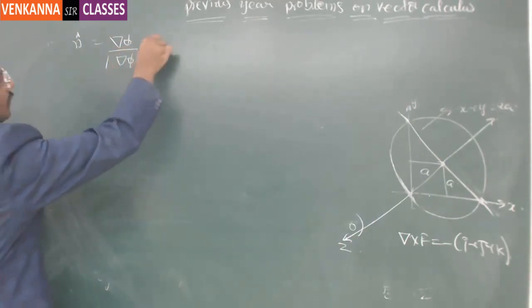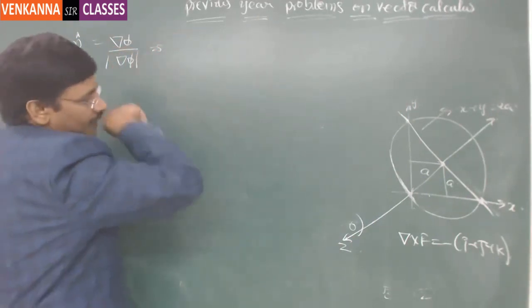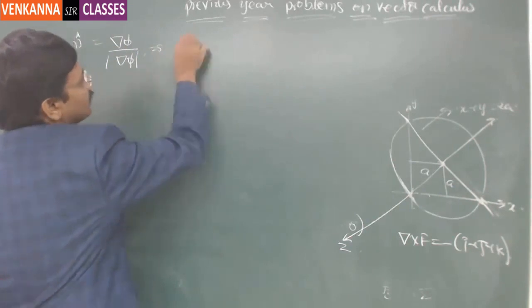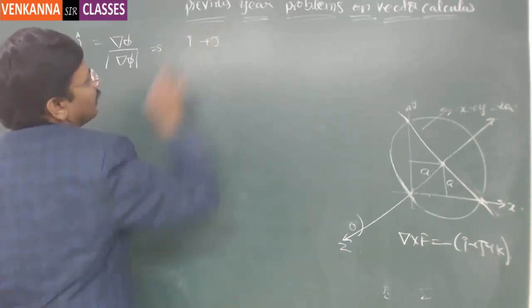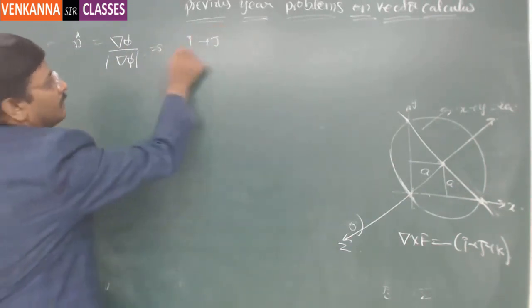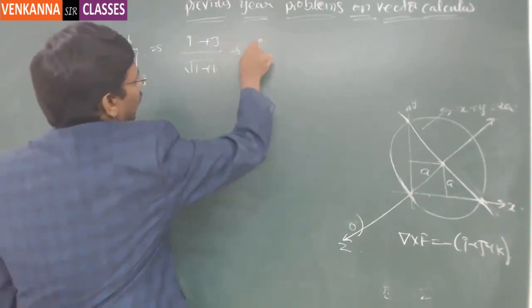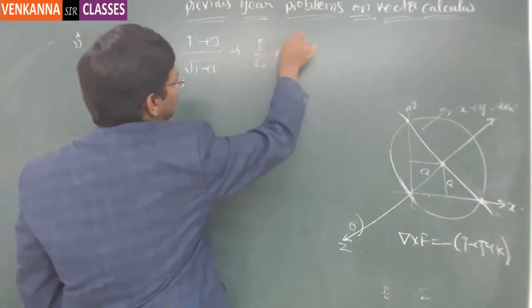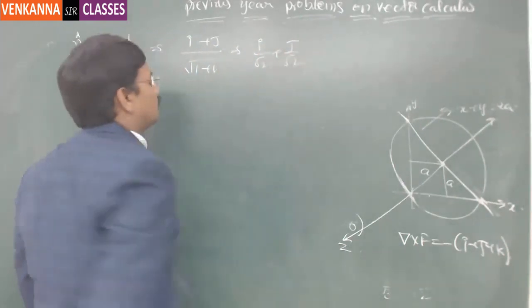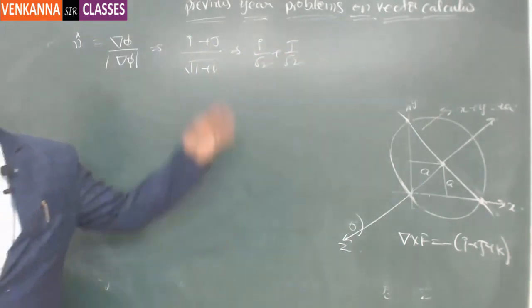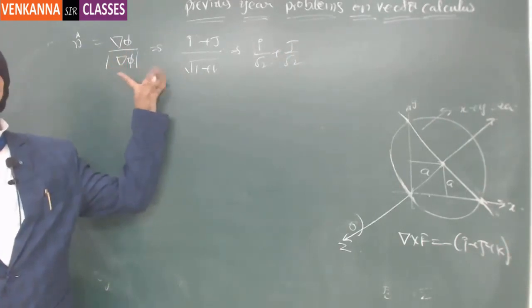This is del phi operated on x plus y, so i dou by dou x plus j dou by dou y, divided by square root of 1 plus 1. So this is i by root 2 plus j by root 2, the unit normal vector. I hope you understood. So find del phi divided by mod del phi.